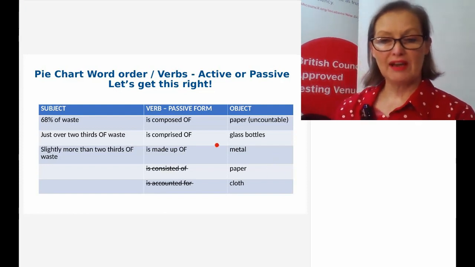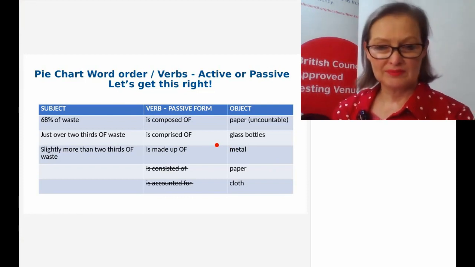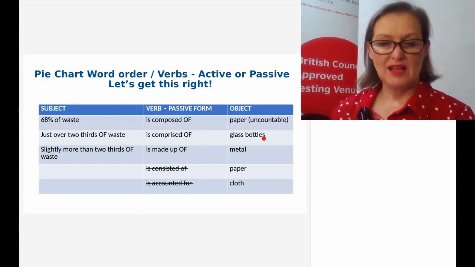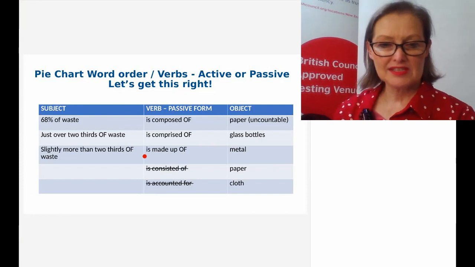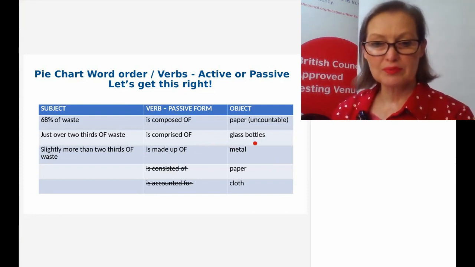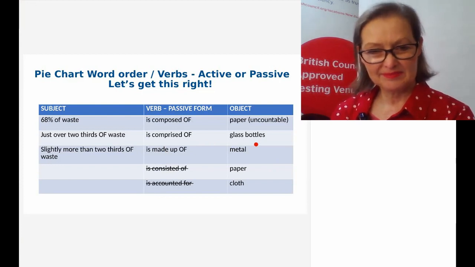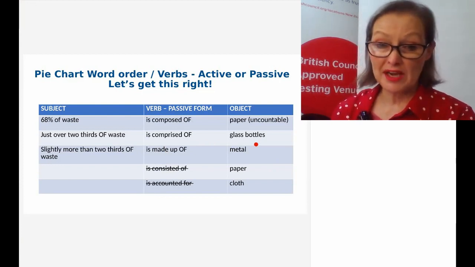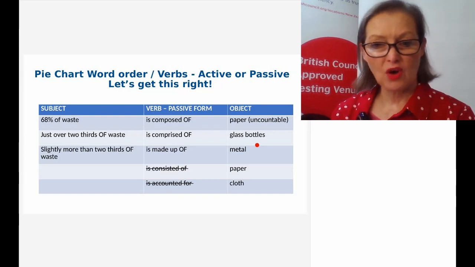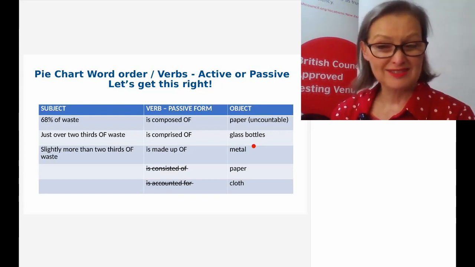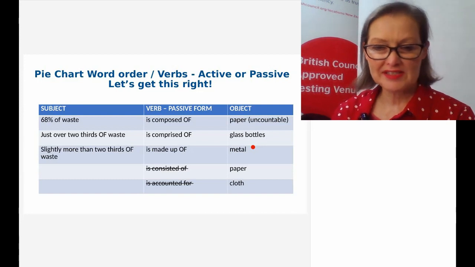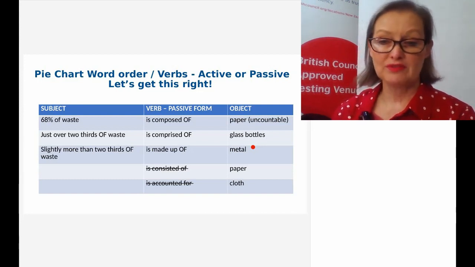So here we're looking at my verb in the passive form. And there it is. 68% of waste is comprised of paper. Over 2/3 of waste is comprised of glass bottles. Slightly more than 2/3 of waste is made up of metal.